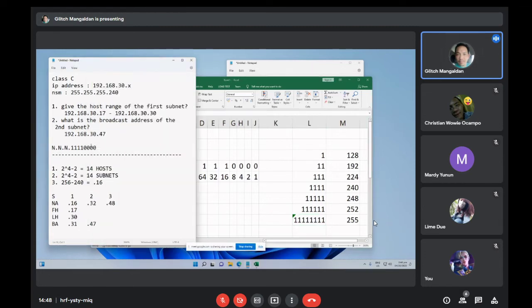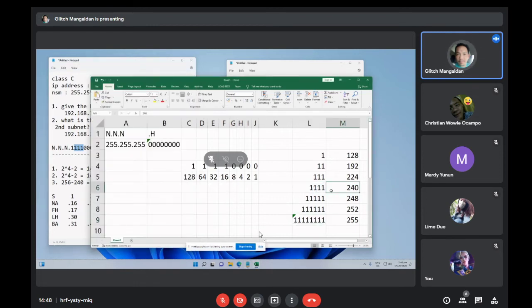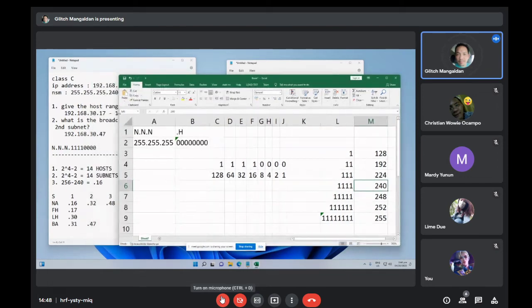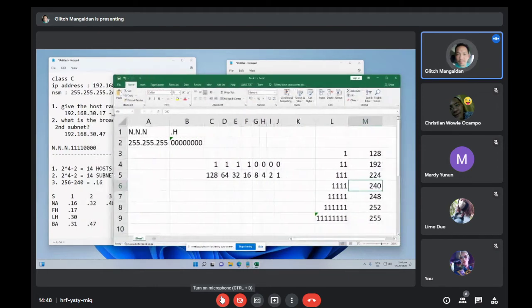Kagaya dito, 4 na borrowed bits. Ano yung 4 na borrowed bits? 240. Wag nating pahirapin ang buhay dahil meron ng way para mas madali nating maintindihan. So I just want you to memorize this.